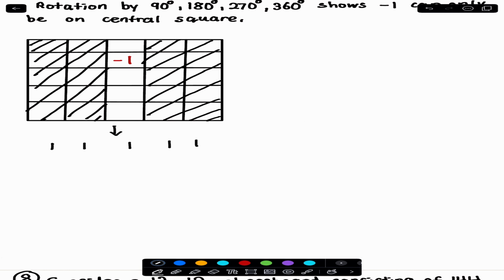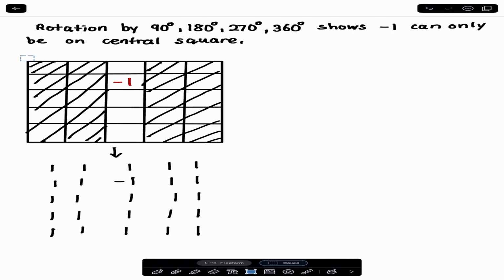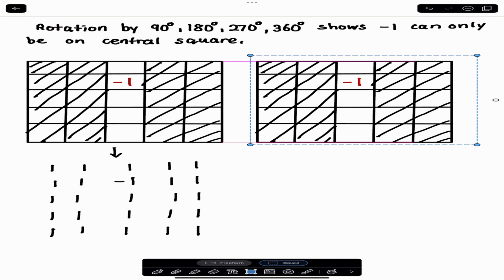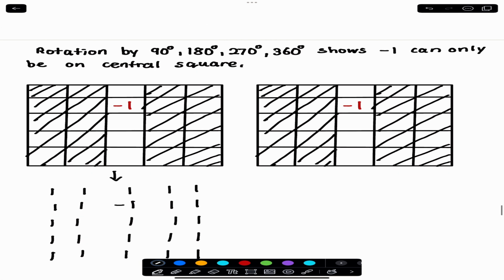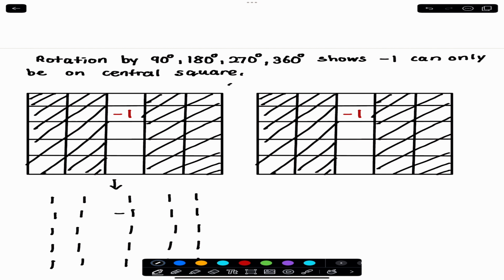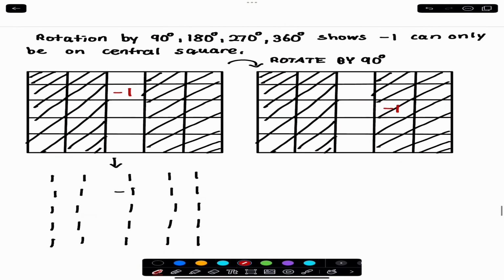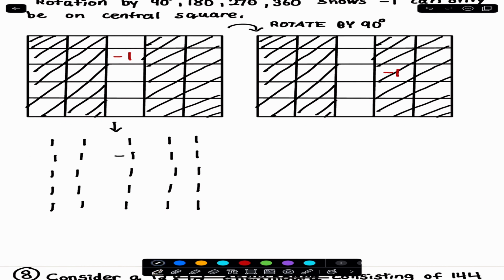So if we were to take this board and rotate it by 90 degrees, where does this -1 go? If you rotate the board 90 degrees, well, -1 would actually be here. So now it's on a black square.